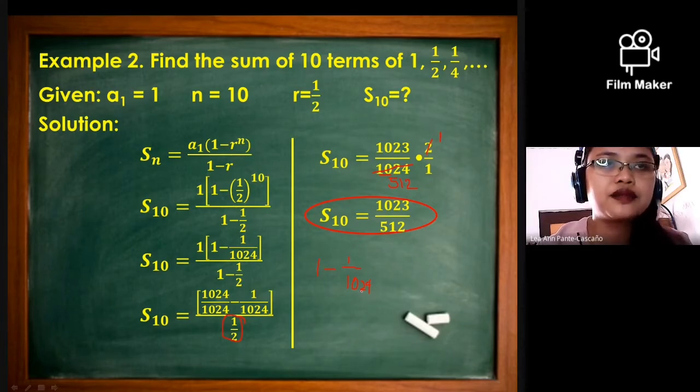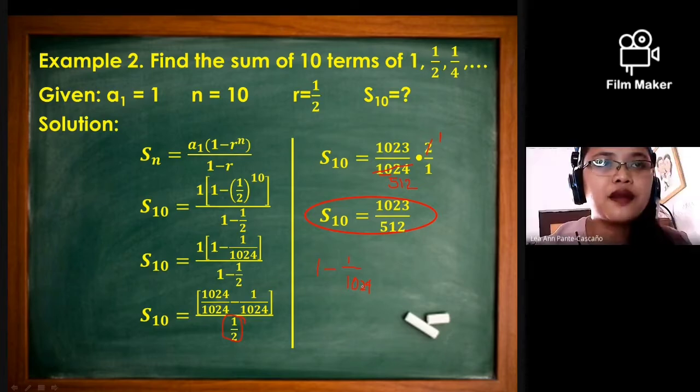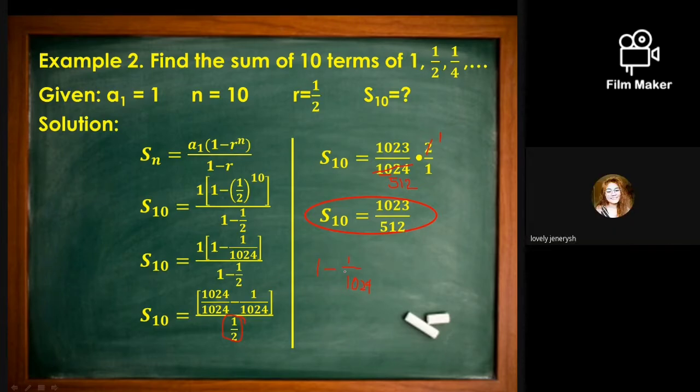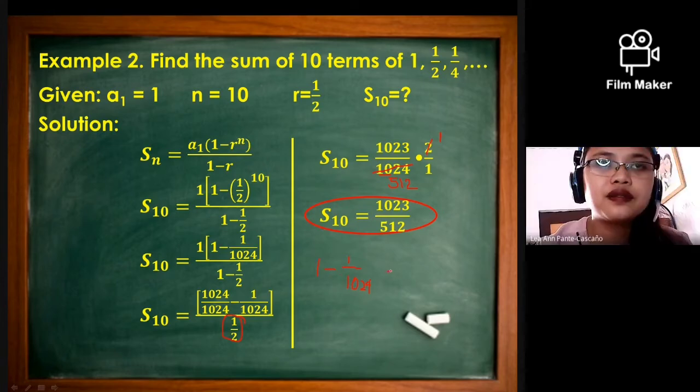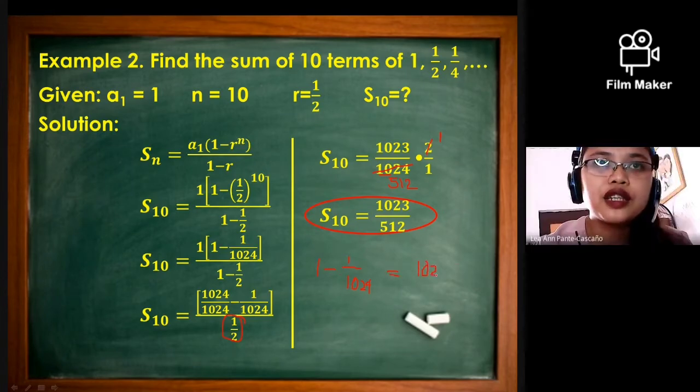Lovely, 1 times 1024. 1024 po, ma'am. Then minus 1. 1023 po. Okay, so 1023. Then copy now the denominator 1024.